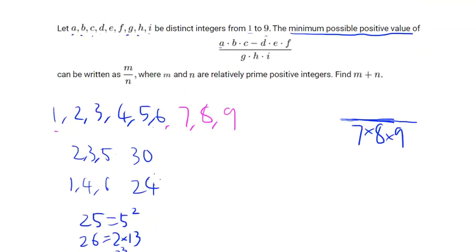So we can only get 24 and 30. So the numerator's minimum value has to be 6, right?